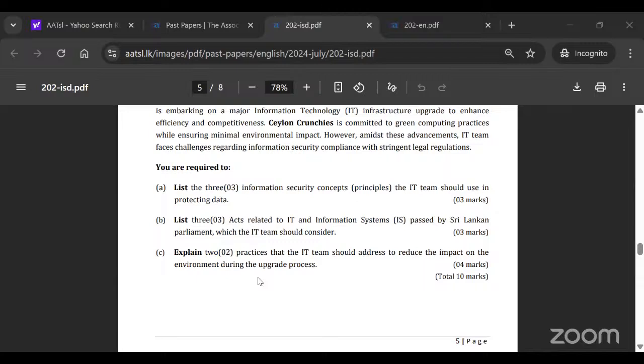Computer Crime Act, Electronic Transaction Act, and Information and Communication Technology Act, Right to Information Act, right? Online Safety Act, the Personal Data Protection Act, that is a draft, right? That is still not in action. That is in the parliament, but not resolved. Intellectual Property Act, right? Computer Crime Act.